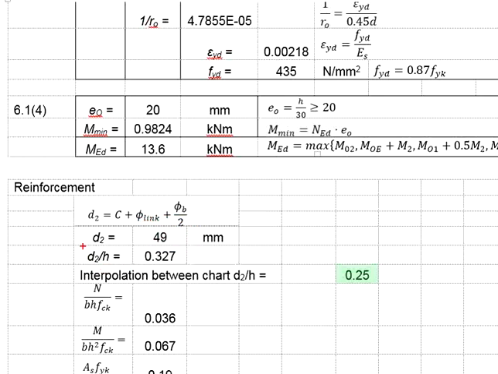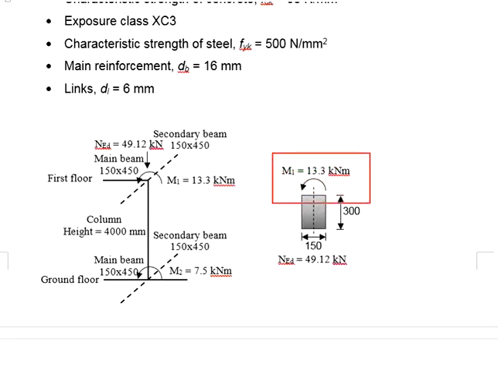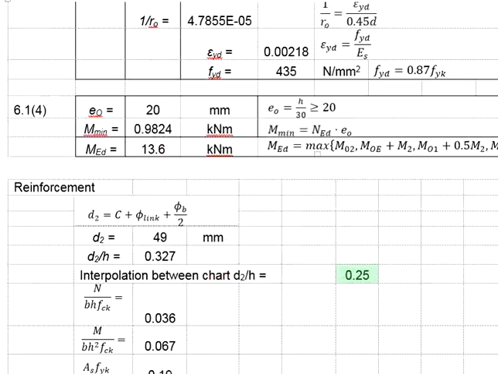Now you need to find the D2 per H. The H here shall refer to the minor axis, since we are designing the column in the minor axis. That means now D2 49 divided by the minor axis 150. That gives you 0.327.